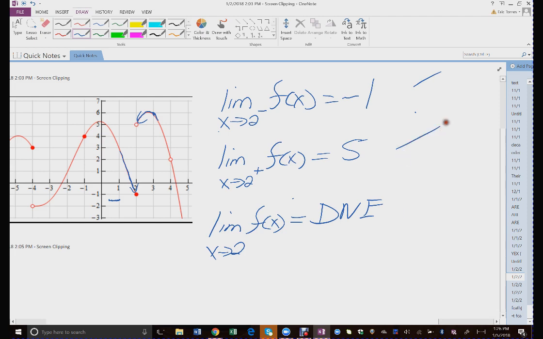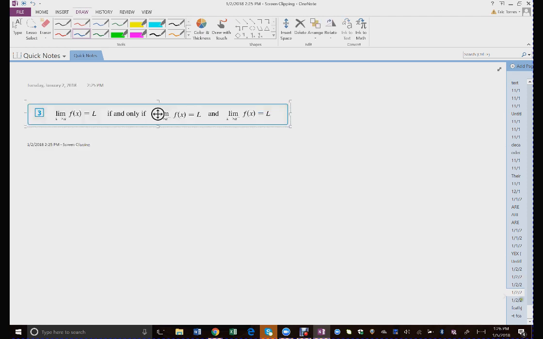On the right, I'm approaching the value 5, and those are different values. So the limit doesn't exist, but the limit from the left does, because as I approach from the left, I'm going to a specific value. The limit from the right exists because as I approach from the right, I'm going to one specific value. They're just not the same value, which leads us to our last little statement.